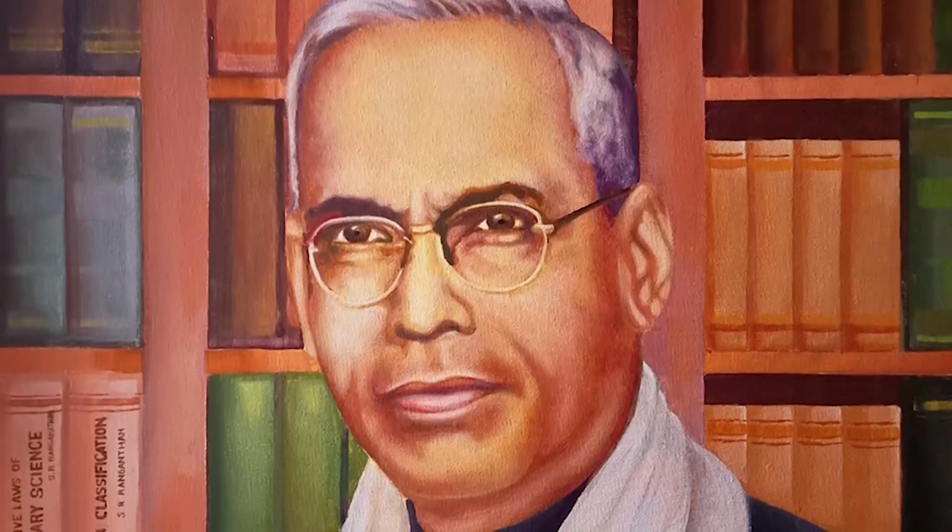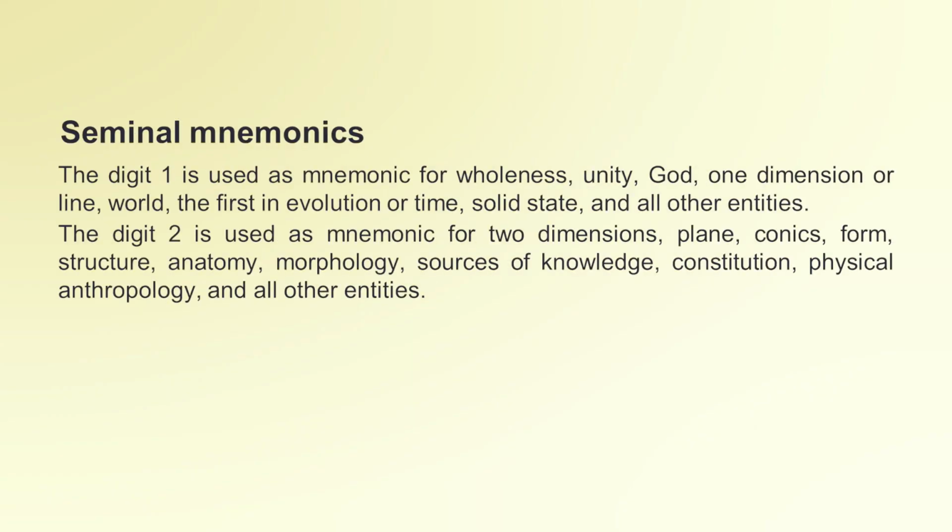According to Dr. Ranganathan, the digit 1 is used as mnemonic for wholeness, unity, God, one dimension or line, world, the first in evolution or time, solid state, and all other entities.